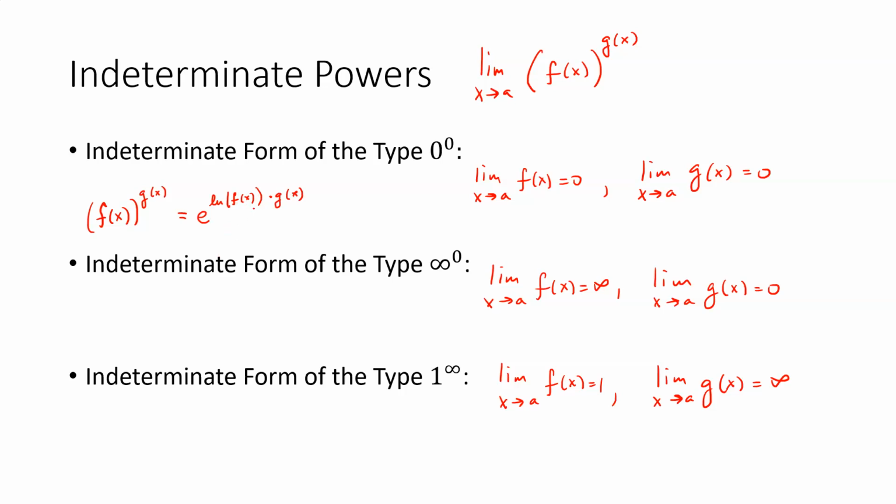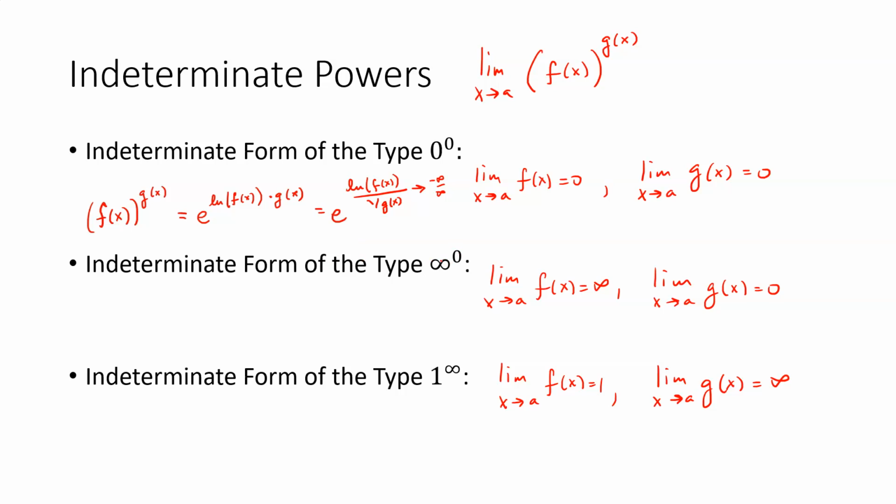And so rewriting this then as e to the ln of f of x over 1 over g of x will oftentimes get this into a form where if it's approaching 0 in the base, then you got something that approaches negative infinity here, and then 1 over g of x would also approach 1 over 0, so that'll also go to infinity. So this will most likely get it into that infinity over infinity form.